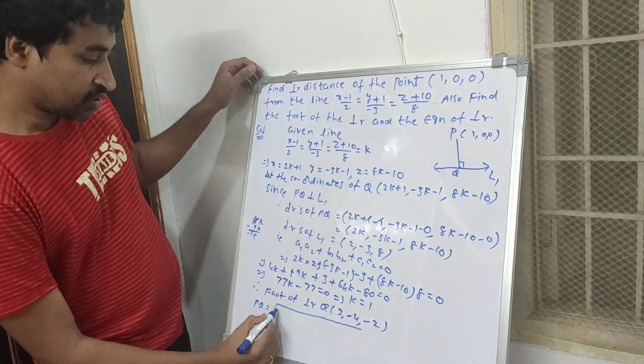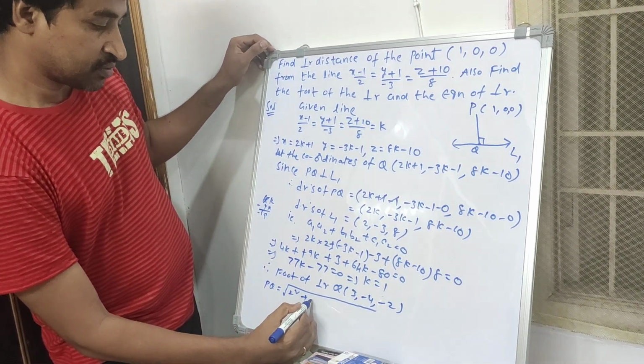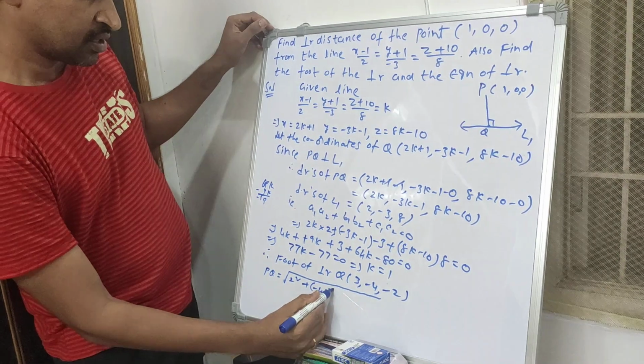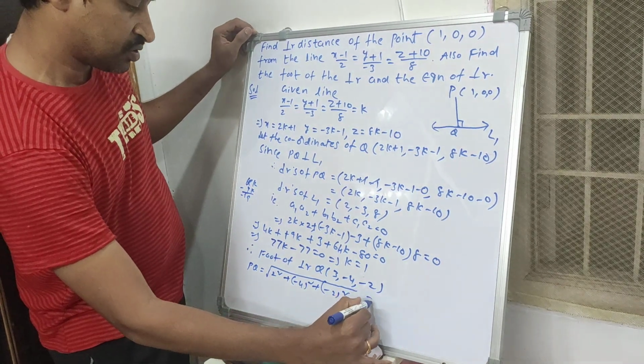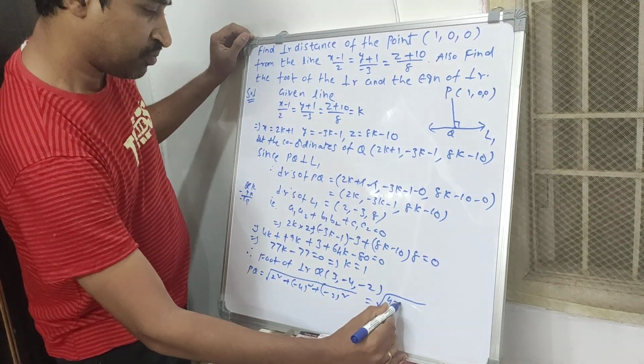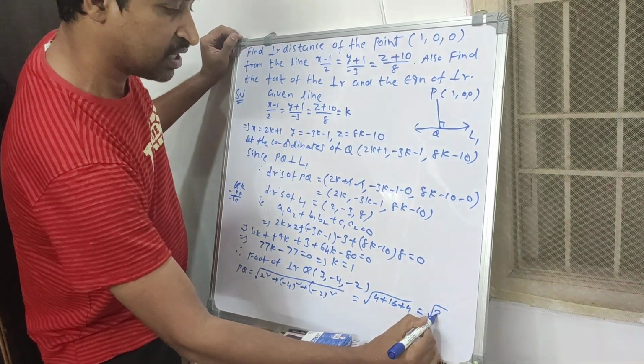So 3 minus 1 is 2, squared; minus 4 minus 0 is minus 4, squared; minus 2 minus 0 is minus 2, squared. That is the square root of 4 plus 16 plus 4, which is root 24 units.